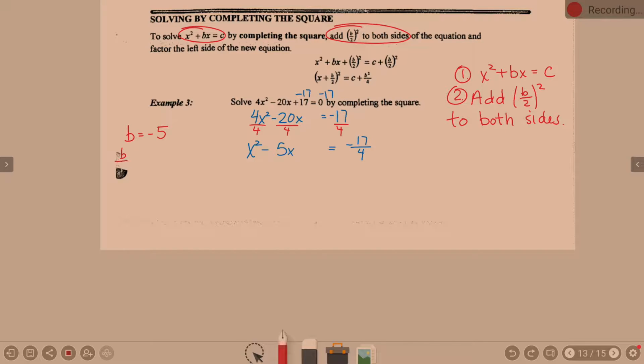So that means we're going to do b divided by 2 quantity squared. So what is b divided by 2? It's negative 5 divided by 2. And I'm taking this in baby steps. And then, what is b divided by 2 squared? Well, if I take negative 5 halves and square it, I want a fraction answer, not a decimal answer.